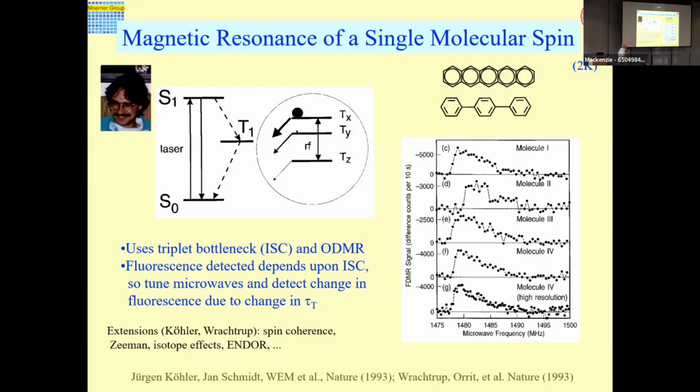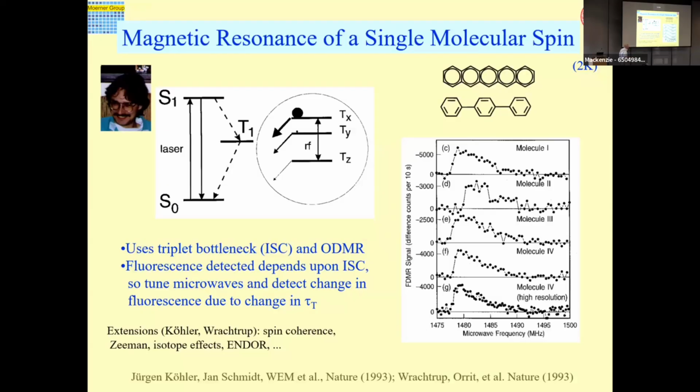Once you're in the triplet state, depending upon what you picked up on those numbers, the triplet lifetime will change in principle as you go into the triplet state. And that's why these ODMR spectra, where you're tuning the microwave frequency, over this range here from 1475 to 1500 megahertz, has this tail on it.